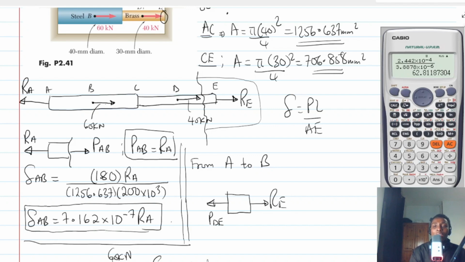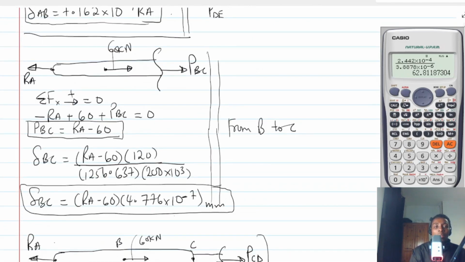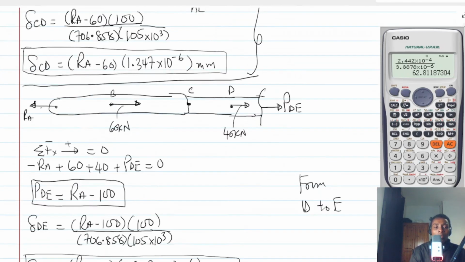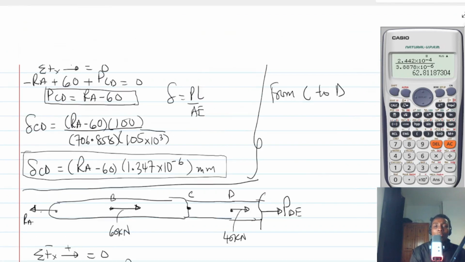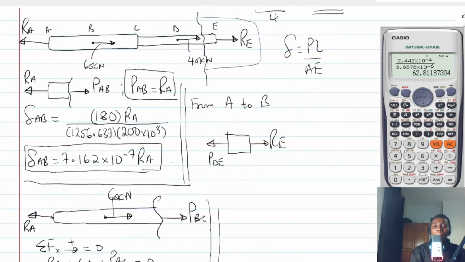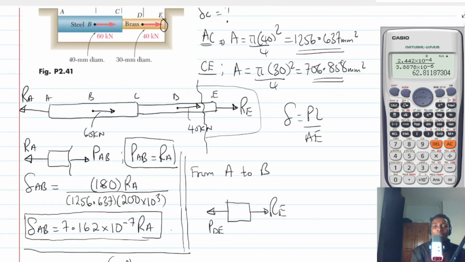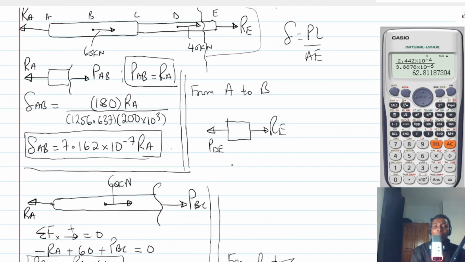But what is PDE? PDE is RA minus 100. So if I cut, looking at this portion, RE is actually RA minus 100. That's what we are saying from the equilibrium.